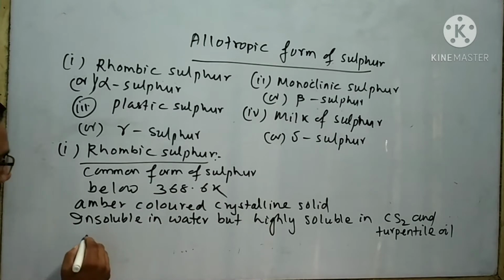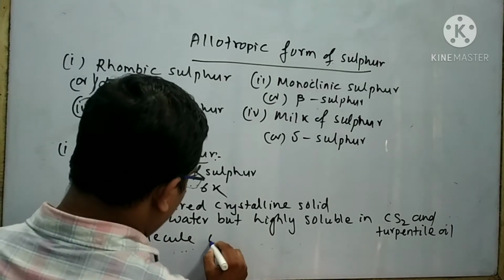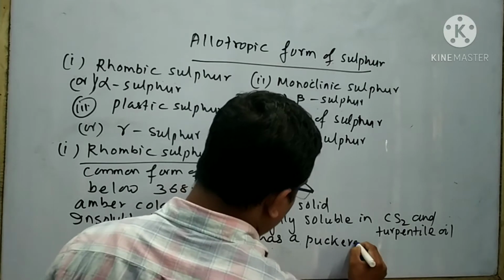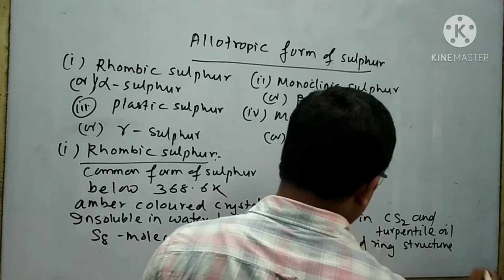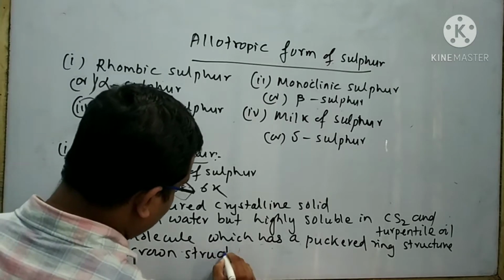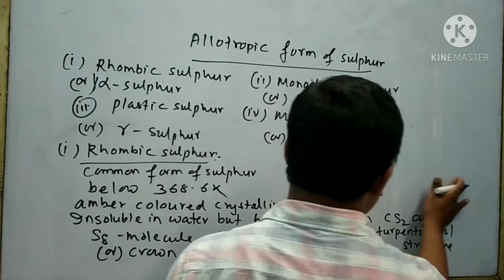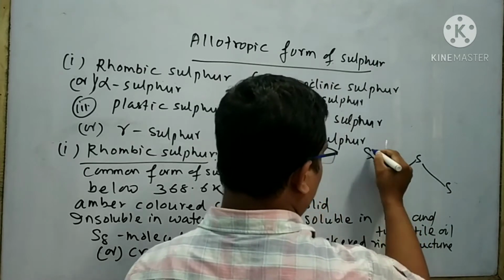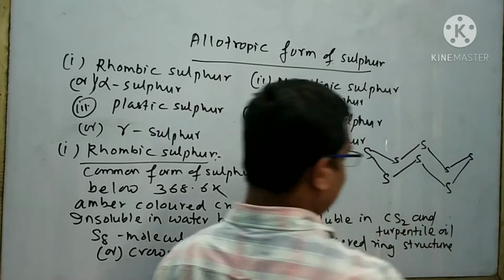Rhombic sulfur exists as S8 molecule which has a puckered ring structure or crown structure. The crown structure of rhombic sulfur is drawn like this. This is the crown structure of rhombic sulfur.